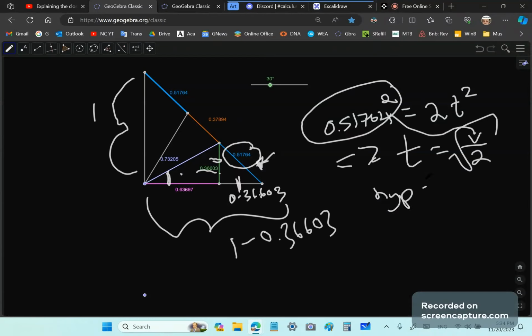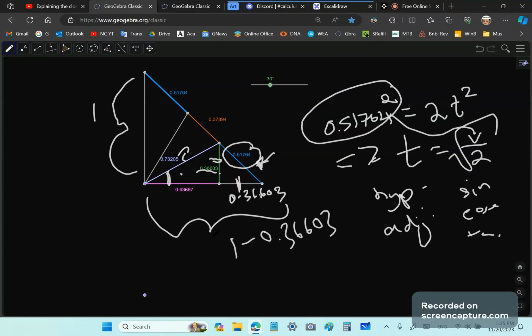The magenta part is the adjacent. And from these two, we can find this hypotenuse, again just using the theorem of Pythagoras. Now we have all the information we need to determine the sine, the cosine, all the trigonometric ratios, the tangent, the cosecant, secant, and cotangent. All the information that we need is now there.